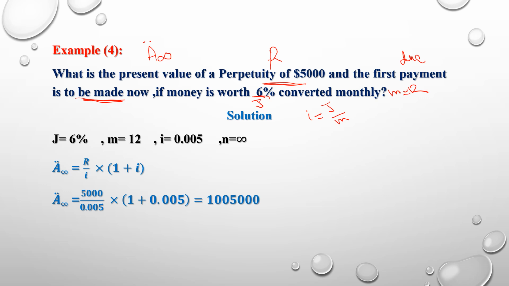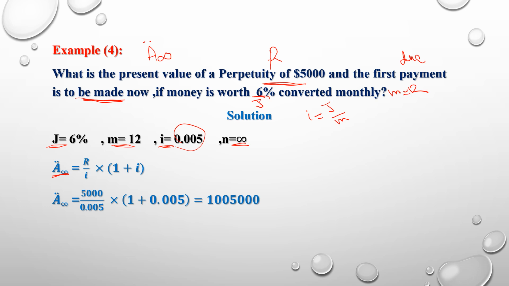Then from this example we have J equals 6%, M equals 12 as it's converted monthly, and I equals J over M, so this equals 0.005, and N equals infinity as this is a perpetuity annuity. And the present value of this perpetuity equals R over I times 1 plus I.